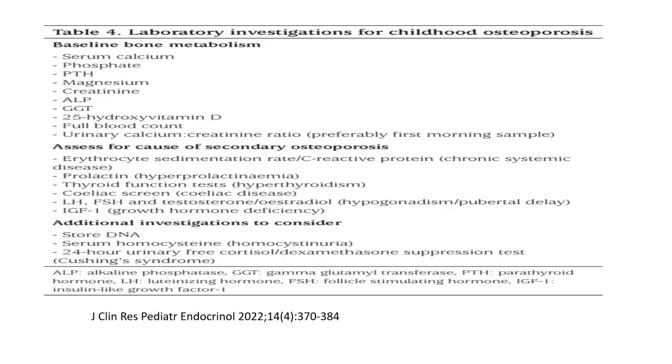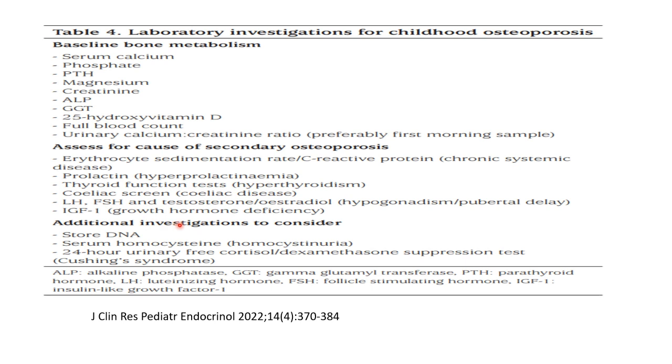What are the lab investigations? That thing I think we have already discussed. That is baseline bone metabolism to assess for this. These things have to be done. Others, to rule out secondary osteoporosis, depend on the clinical history and examination, on a case-to-case approach: ESR, prolactin, thyroid function, malabsorption to rule out celiac disease.